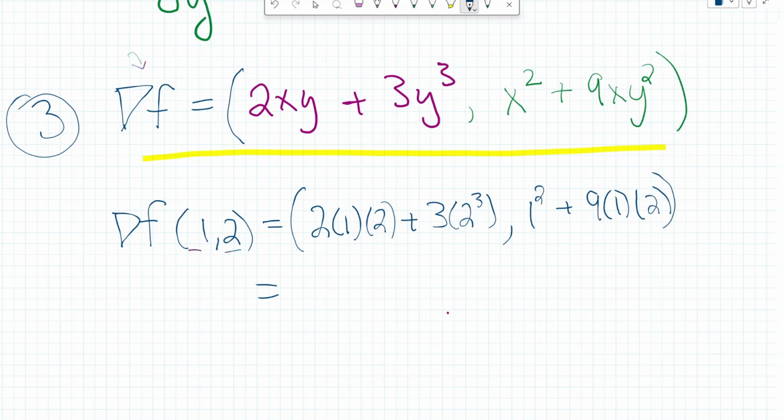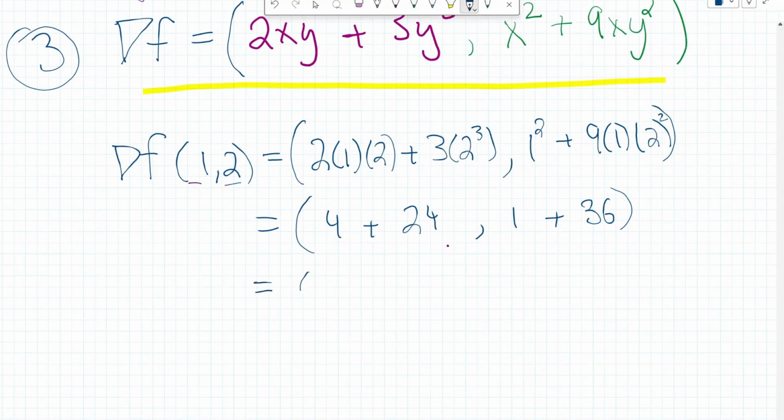If we do the math here, we get 4 plus 8 times 3, which is 24. And then we have 1 plus 9 times 1 times 2 squared, which is 4, giving 36. Therefore, our final answer is 28 and 37. So this gives us the gradient at the specific point.